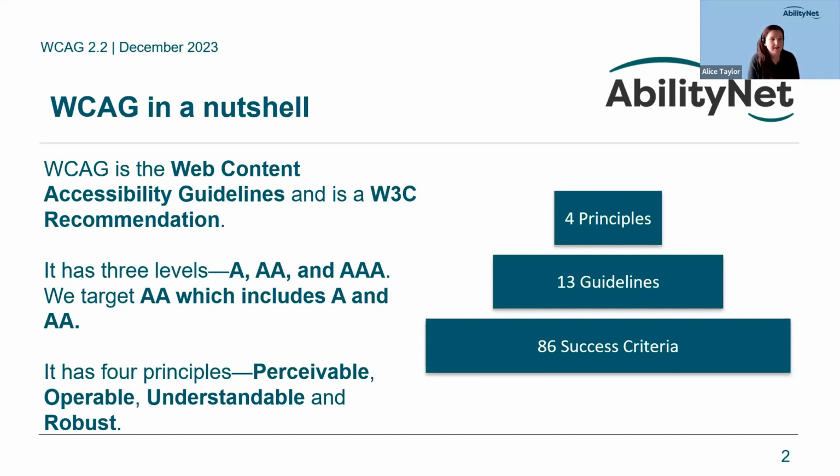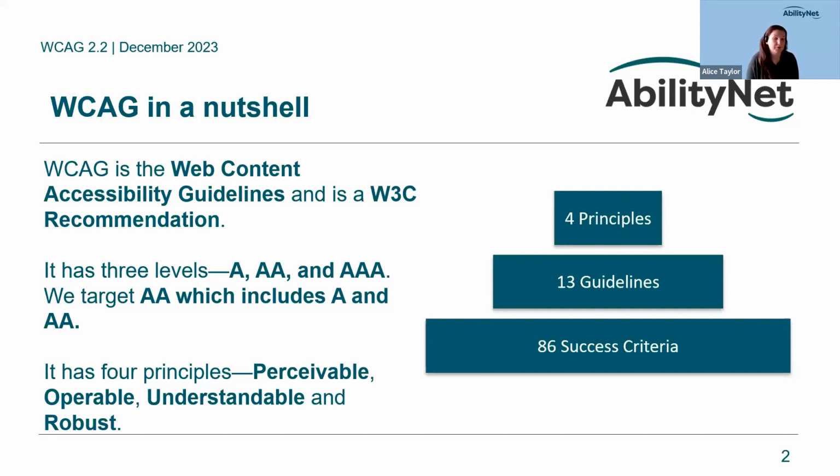So the guidelines are broken down into 4 key principles, and these are perceivable, operable, understandable, and robust. So perceivable looks at criteria that ensure that the content can be perceived. So for example, do images and multimedia have appropriate alternatives? Is any information communicated through colour alone? Operable covers criteria around whether the content can actually be operated.